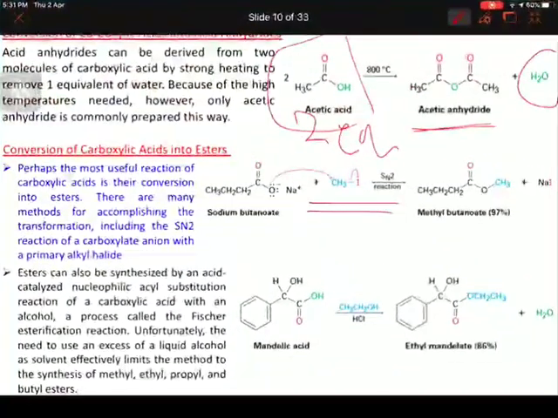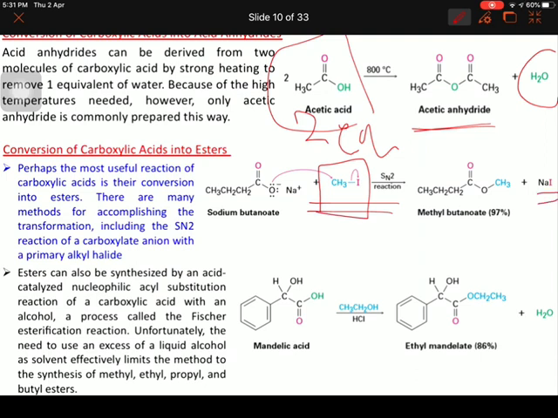Let me go back. In this reaction, first we make the carboxylic acid salt by reacting the carboxylic acid with sodium hydroxide, and then this salt reacts either with an alkyl halide or with an alcohol. The most famous one is the alkyl halide, because it is a faster reaction with good product and yield.